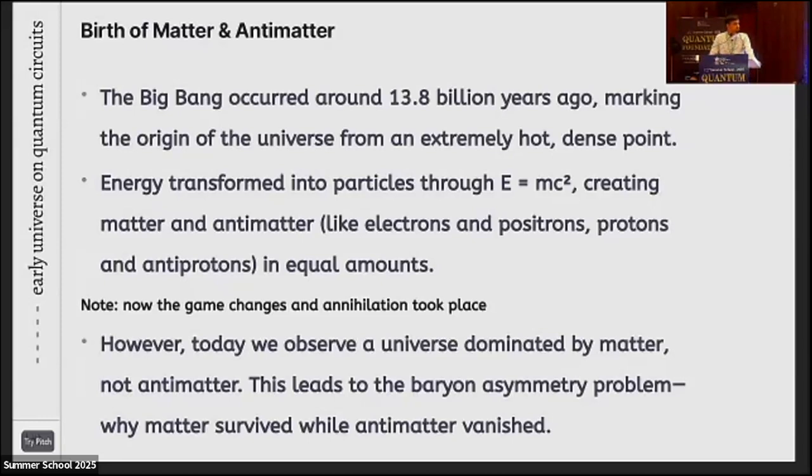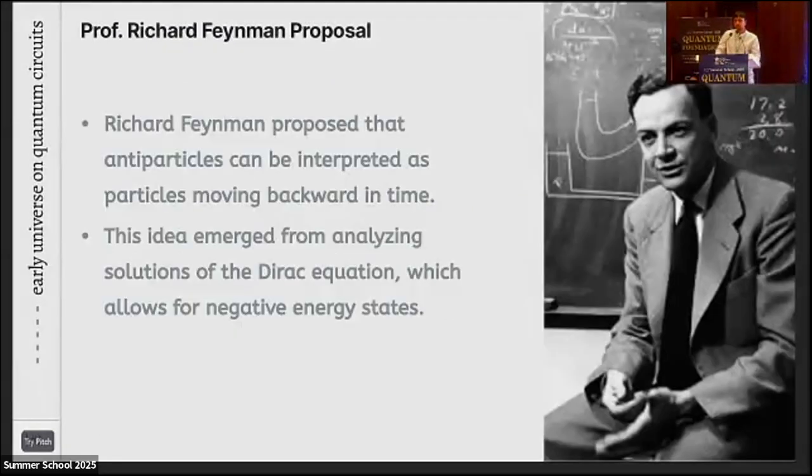So here comes a question: why do we exist in today's universe? Because we are a form of matter. So to solve this mystery, Professor Richard Feynman proposed that maybe antimatter moves backward in time, and so antimatter never meets matter to annihilate.